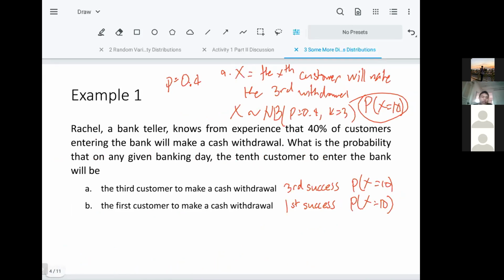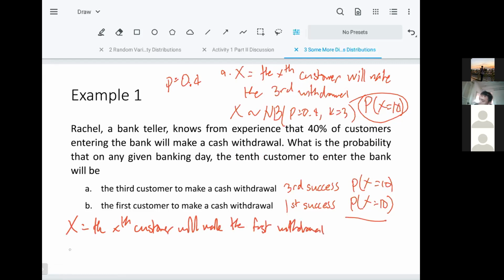So what about the next one? The first customer to make a cash withdrawal, the 10th customer. So it's P of X equals 10 again, but X is the customer who will make the first withdrawal. So X follows a geometric distribution, because it's the first success, with p equals 0.4.